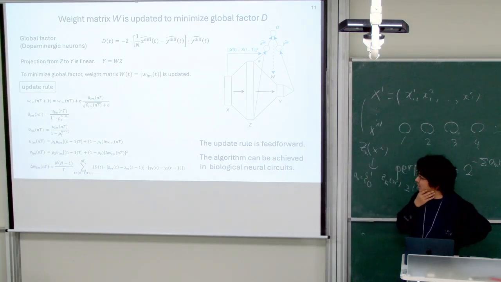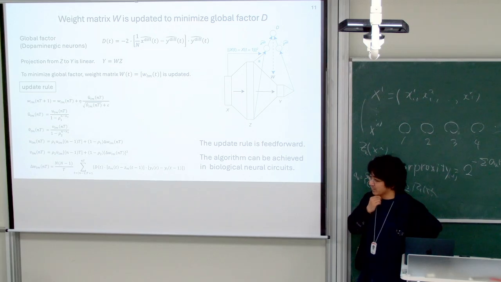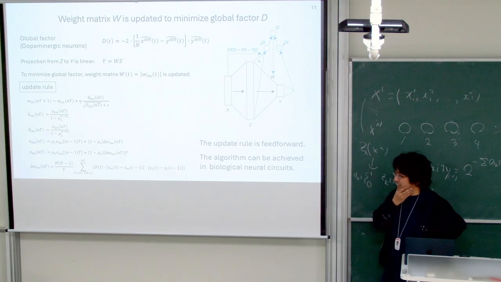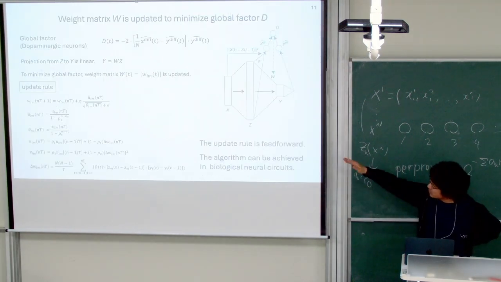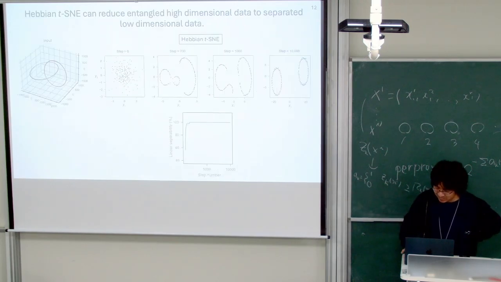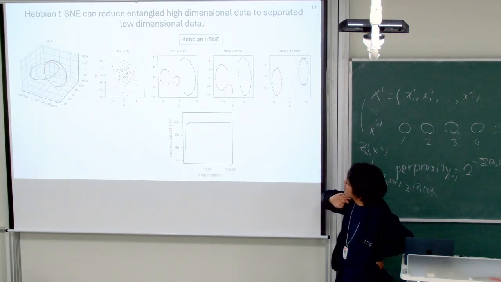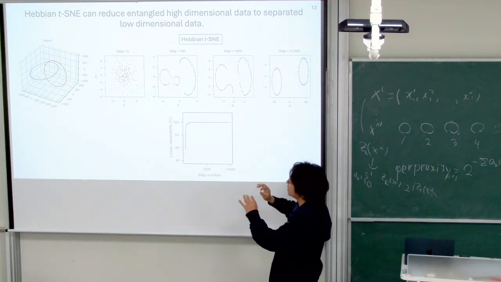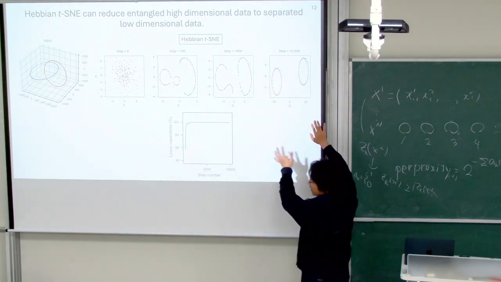Anyway, I looked at all the slides. The final results are very exciting. Unfortunately, we don't fully understand the algorithm itself. Can you move on? The algorithm, and from this result, by using this algorithm, a three-dimensional input, the entangled data can be separated.